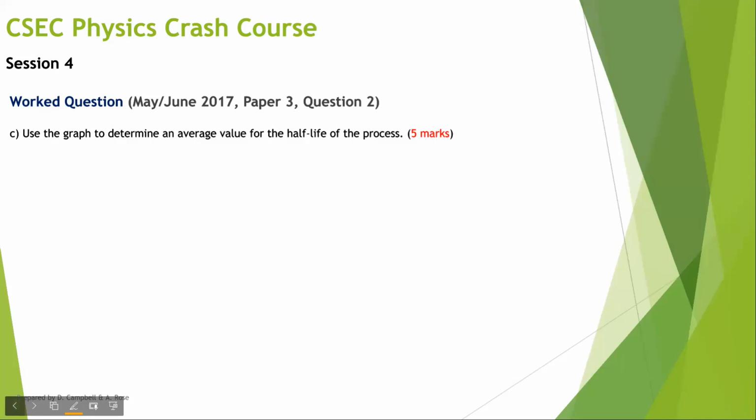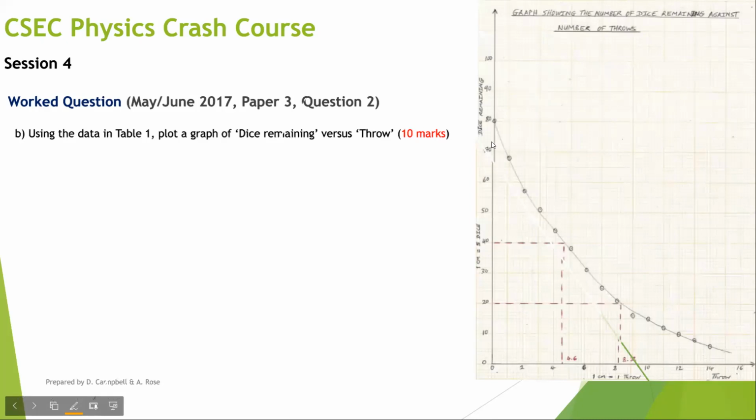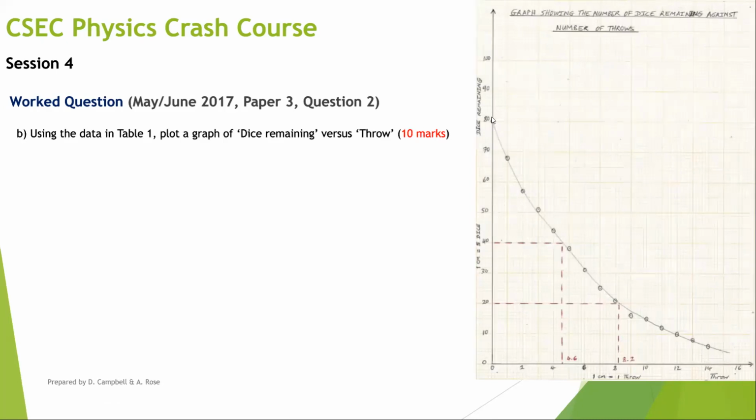So what you would do is go back to the graph and notice that we start off with the number of dice remaining at 80. So we could find out how many throws it takes for the number of dice to become 40. And you would just read off the value from the graph, and we can see that that would be equal to 4.6. So the 4.6 there would represent one half-life.